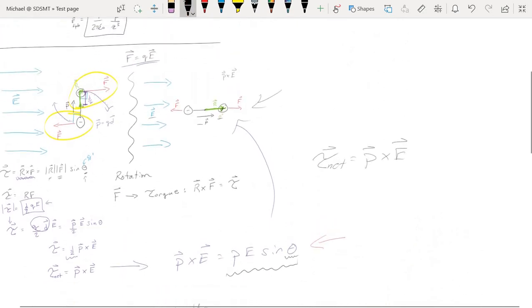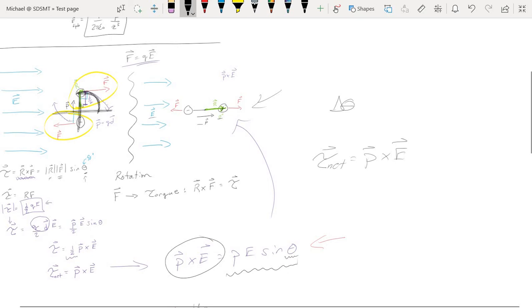We know that there is torque in the amount of P cross E, which is being applied over a given angular displacement. In this case, we're allowing our dipole to displace through 90 degrees, but that angular displacement can really be anything that we want.